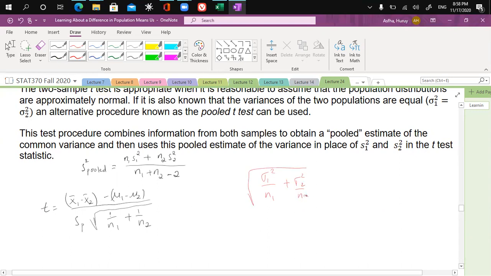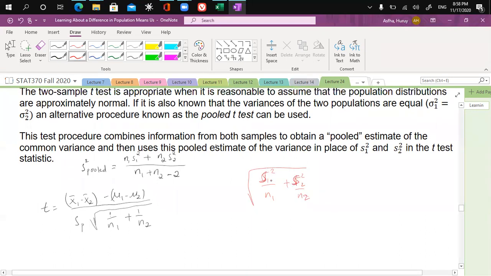This was what we had earlier, right? Well, sorry, let me change it to S. This is S. Now replacing S1 and S2 by SP, SP is S pooled. So I will write this one SP square over n1 plus SP square over n2.